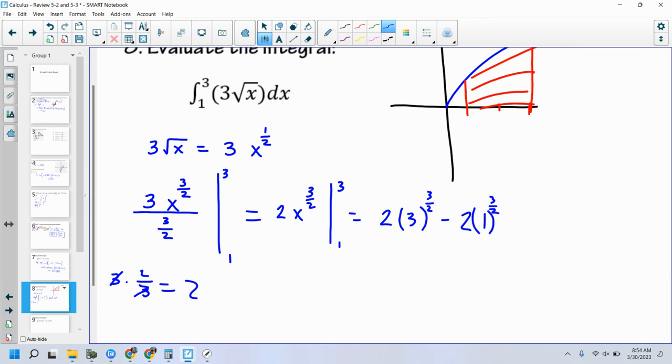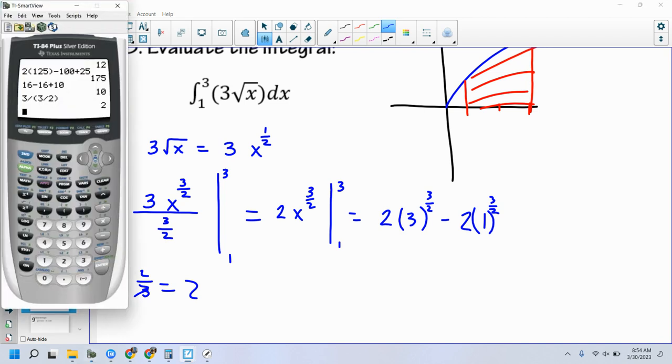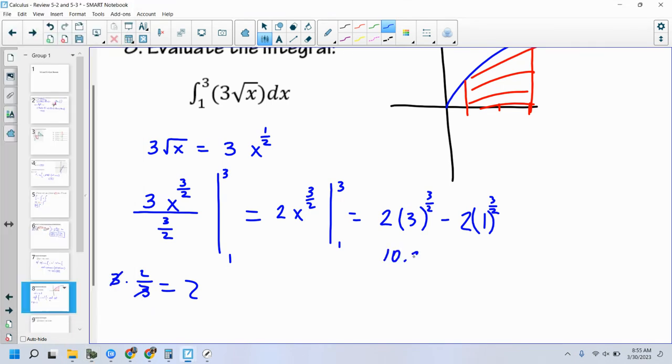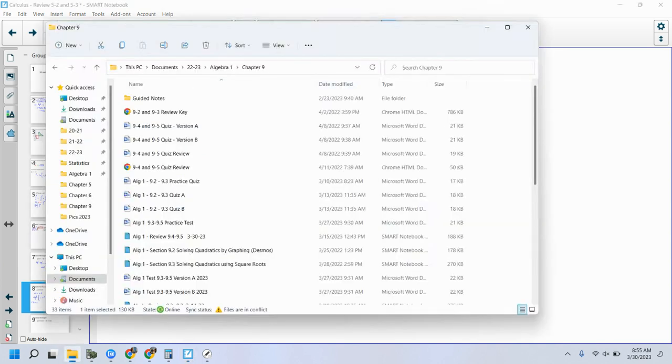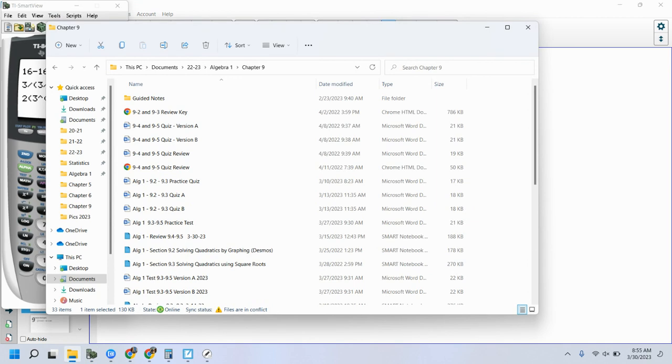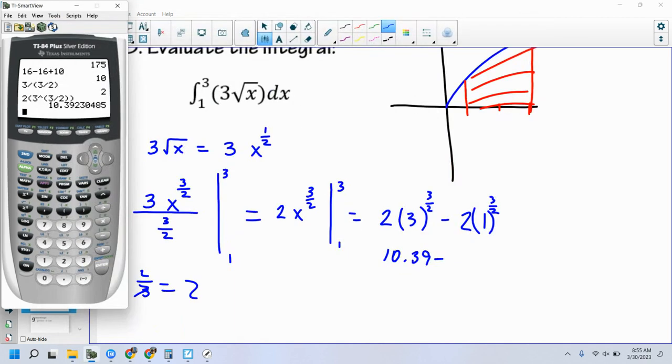Let's evaluate. 2 times 3 to the 3/2 is going to be 10.39 minus 2 times 1 to the 3/2.